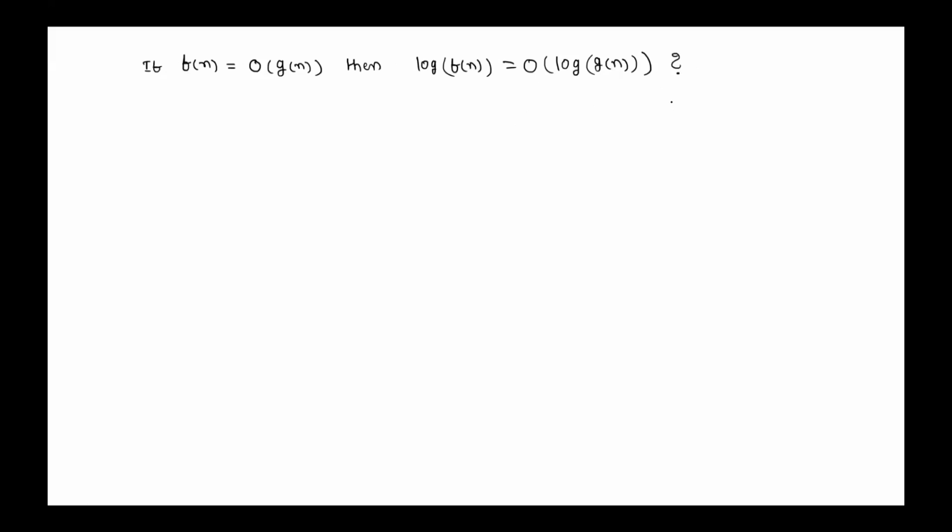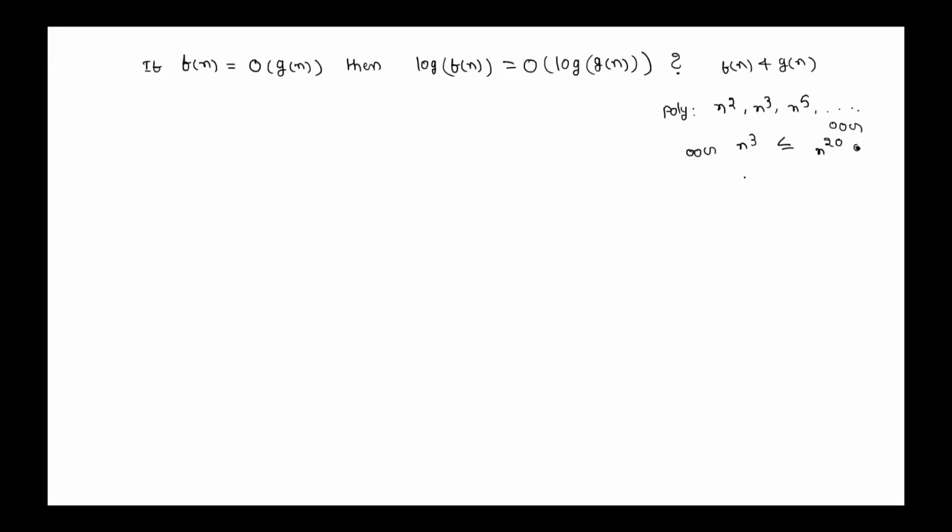Now if I take any polynomial function, like n square, n cube, n power 5, anything, where both f n and g n are polynomials, whether it holds or not, say n cube and n power 20. Everything is with respect to order of growth.